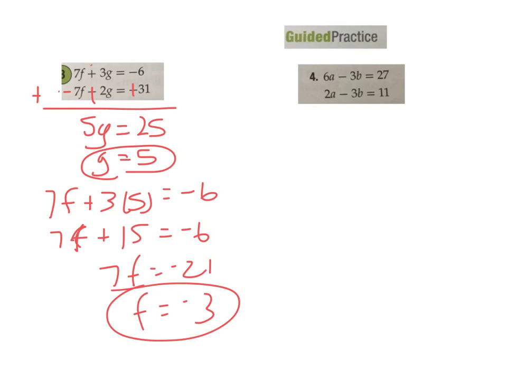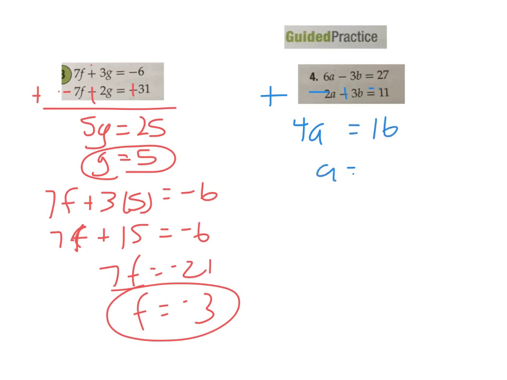So the same thing, we look at this problem right here in the middle. They're the same. So I'm going to change the sign so I can do addition. So if I change the sign, and once again, I'm going to erase this blue. So if I change the sign, that's a negative, that's positive, that's negative. I'm now going to add. It gives me a 4a, that goes to 0, and I get 16.